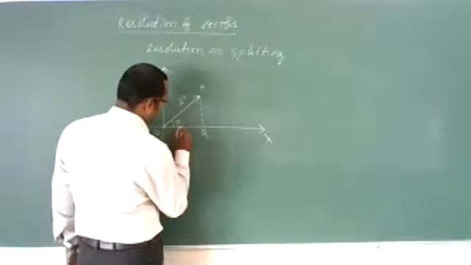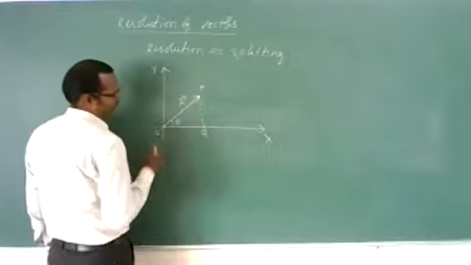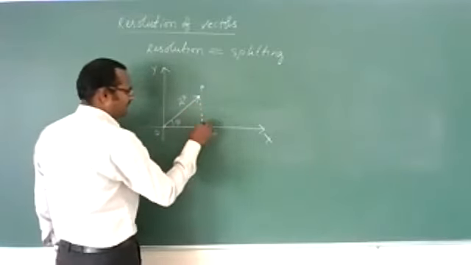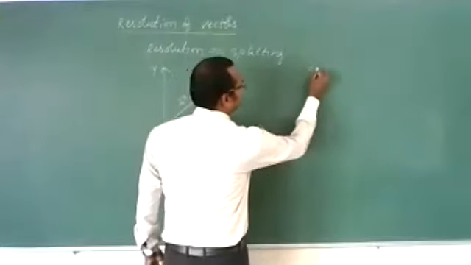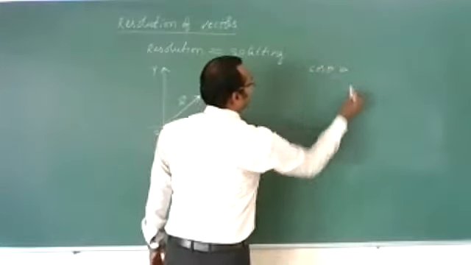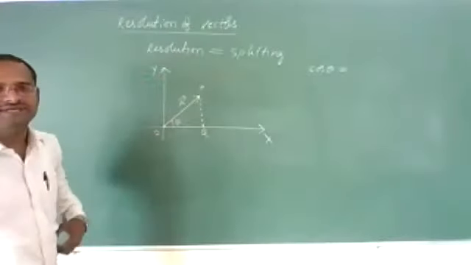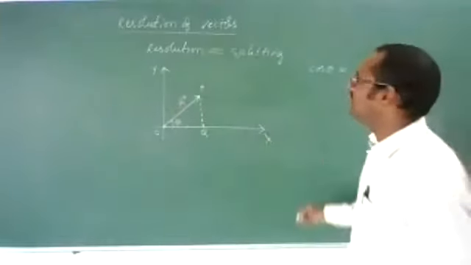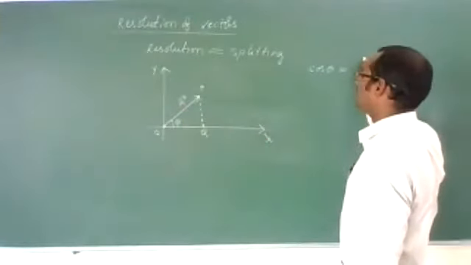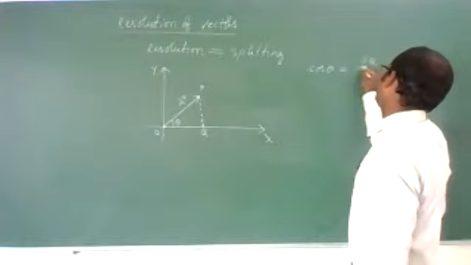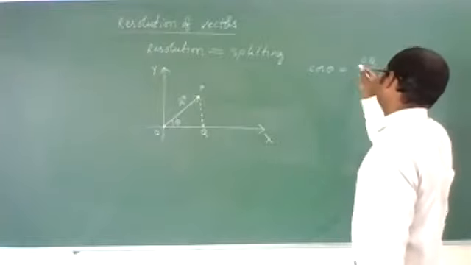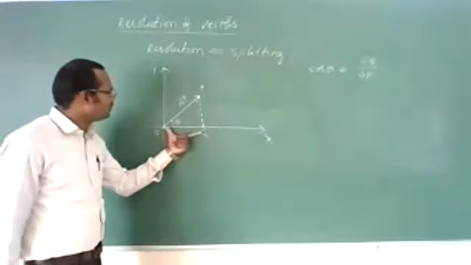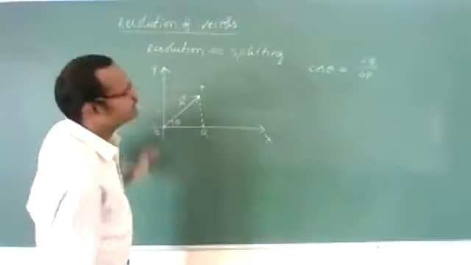See this perpendicular carefully. Now, take cos theta from this right angle triangle. What is cos theta? Cos theta is nothing but adjacent side upon hypotenuse. Adjacent side is OQ, hypotenuse is OP.